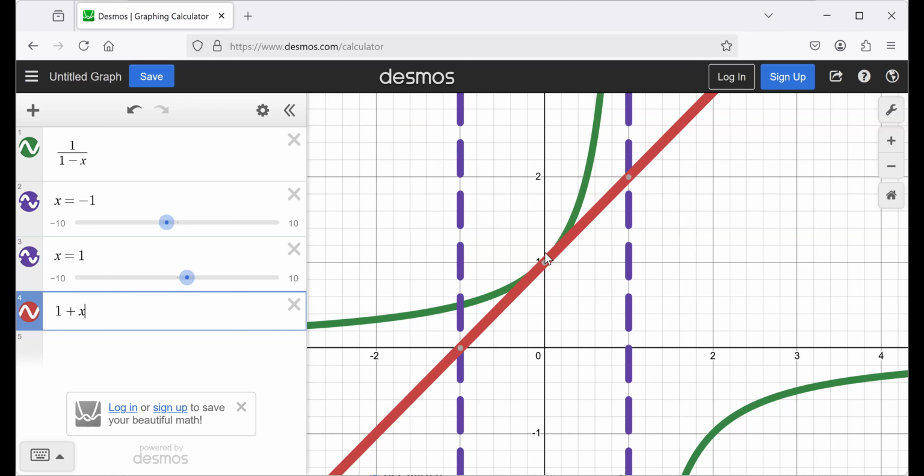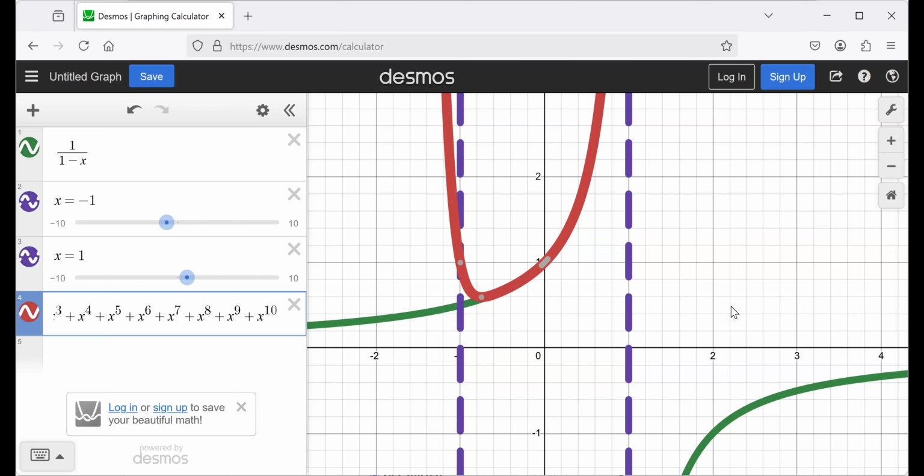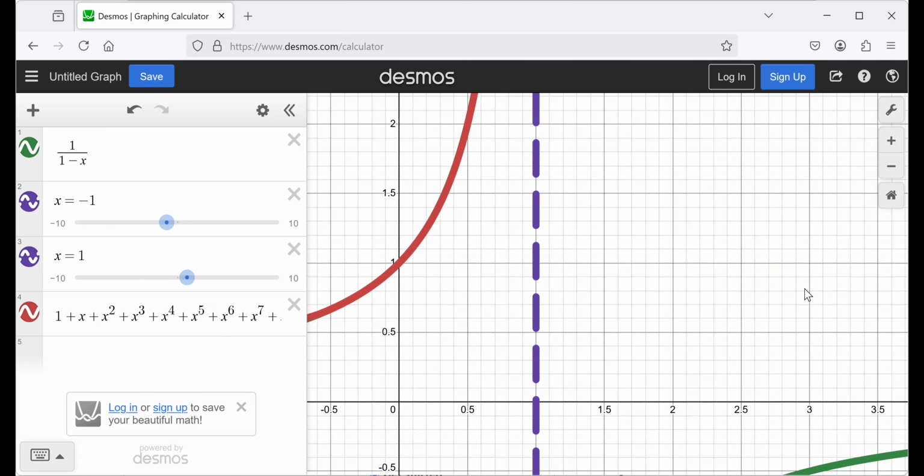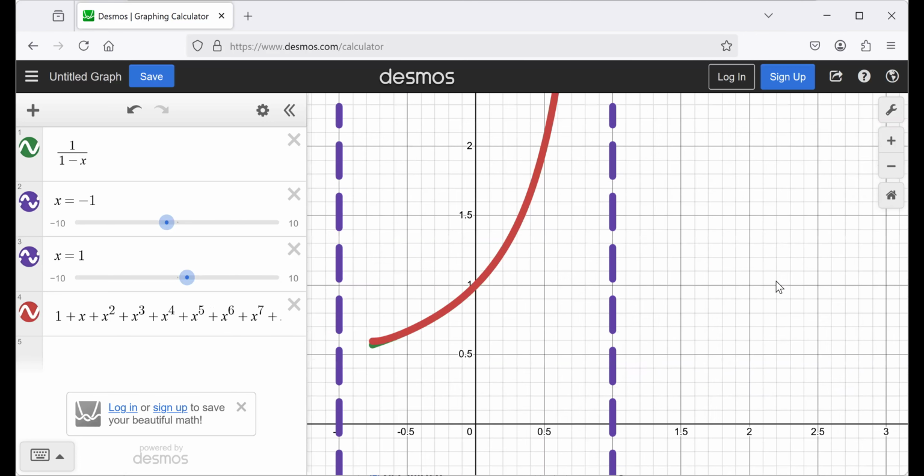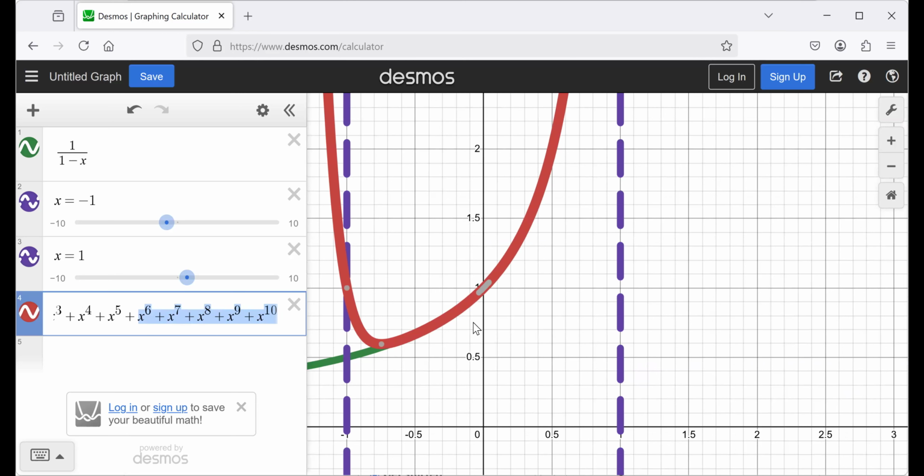I think I mentioned 10. Let's make that our stopping point. So we do see that even when we go up to 10, there is this value here where things sort of are breaking down. We could make this look like the function here, but we need to keep doing this past the point of reason.